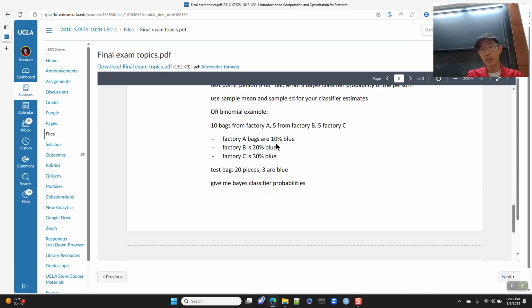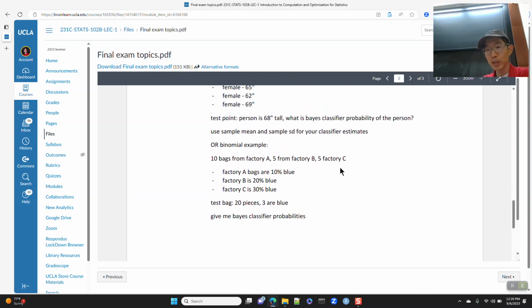And we'll say factory A produces 10% blue, factory B is 20% blue, factory C is 30% blue, and you get a bag with 20 pieces and 3 are blue, so your bag is 15% blue, and which factory do you think it came from, okay? And the prior probabilities are 10 came from factory A, 5 from factory B, 5 from factory C or something, okay? And you'd use the Bayes classifier there.